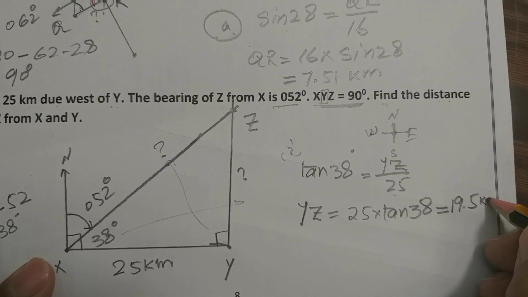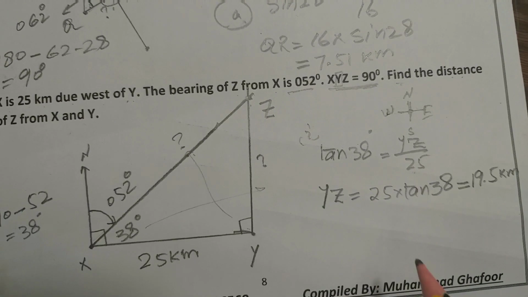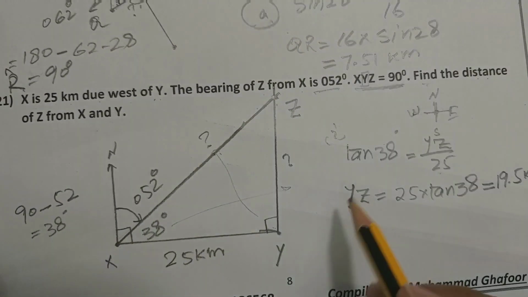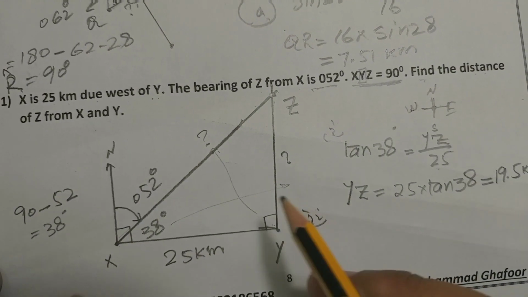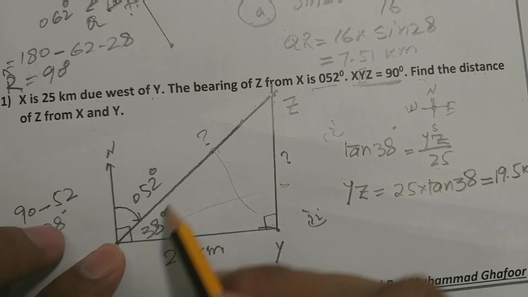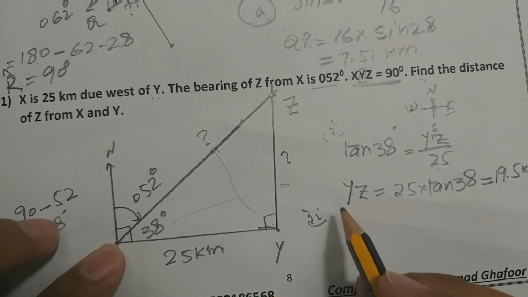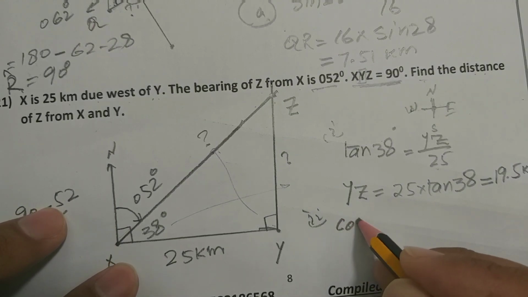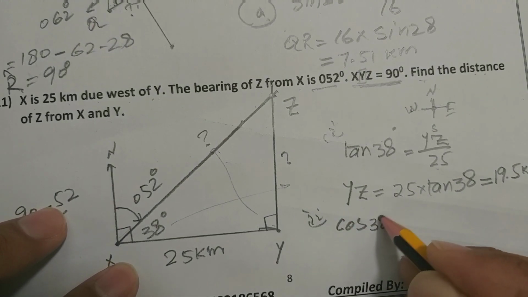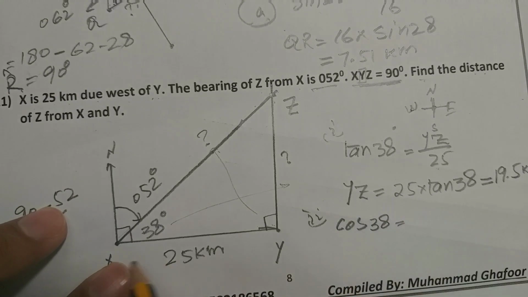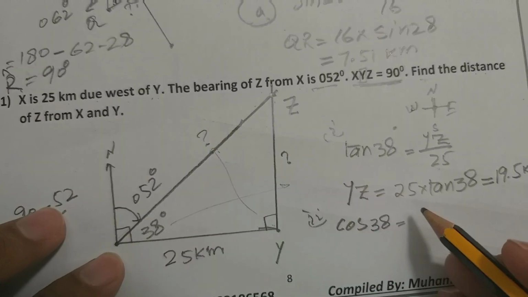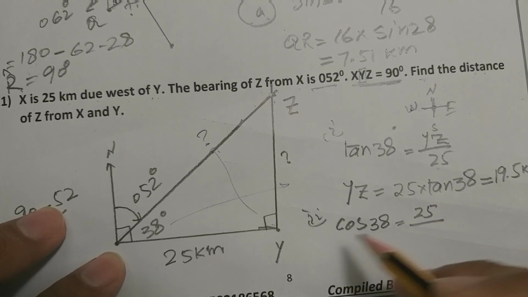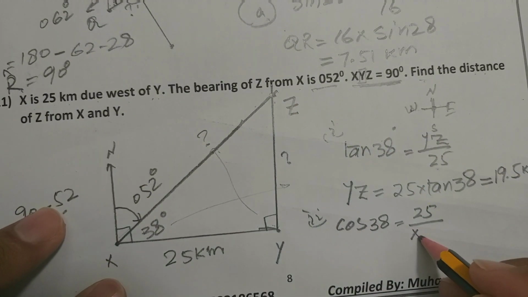Okay, in the second part he said find the distance from X to Z also. Again, according to this, this is adjacent and this is hypotenuse, so we use cosine. Cosine 38 equals the adjacent divided by the hypotenuse. Adjacent is 25 and hypotenuse is XZ.